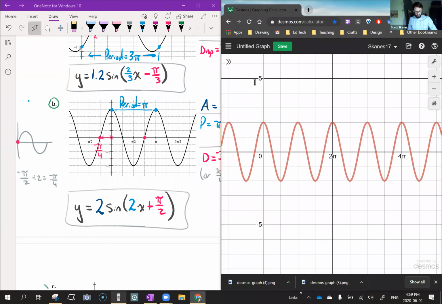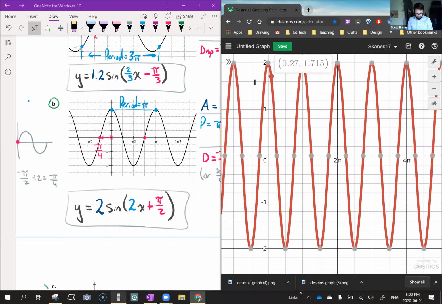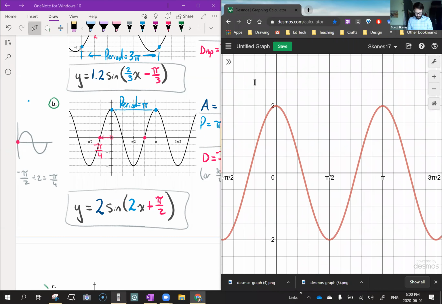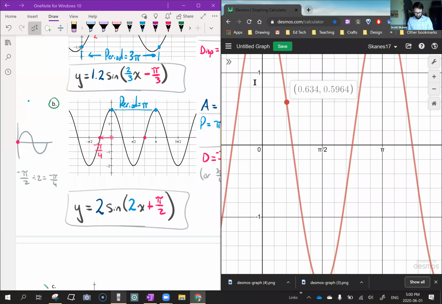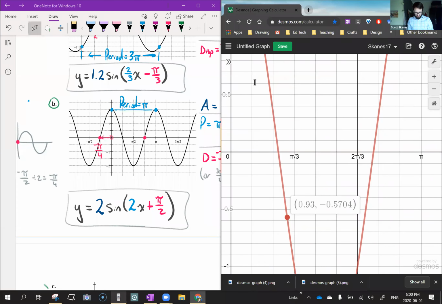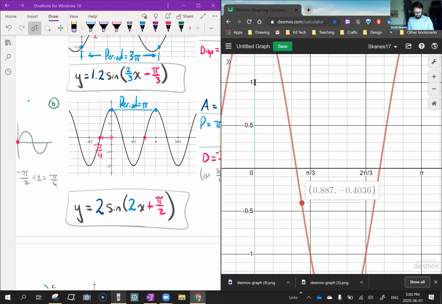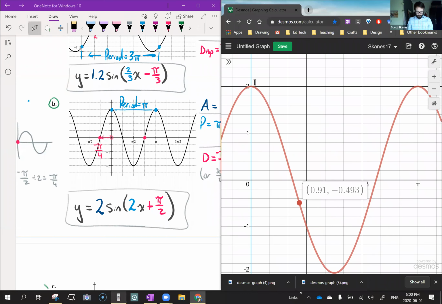Let's see, scale is 1, and we want 3 pi over 2. Stretch that out a bit. See if I can force it to look like what I want it to look like. I don't think she's gonna do it today. Oh, it's 2, yeah. Okay.